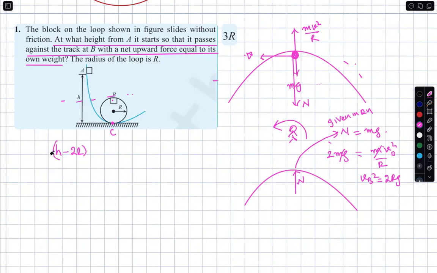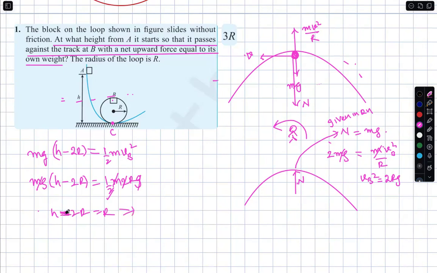H minus 2r times mg, at this point, you are comparing half m vb square. mg times H minus 2r is half m vb square. So mg cancels. So H minus 2r is r, which implies H is equal to 3r.